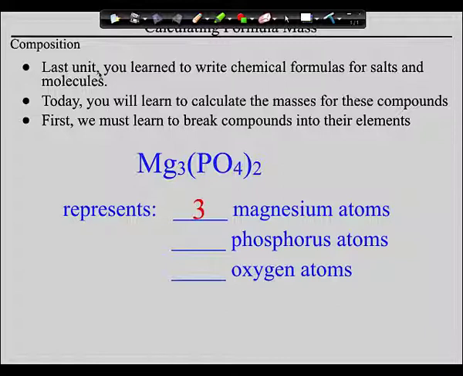But how many phosphates are there? There's 2. So how many total phosphorus atoms are there? 2, because there's 1 in each phosphate, but there's 2 phosphates. And if you understand that idea, you can then tell me there's how many oxygen atoms? 8, right? Because of 4 times 2. You get the idea? Pretty straightforward.